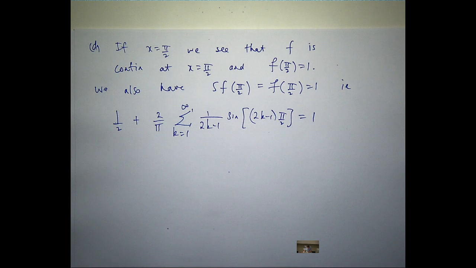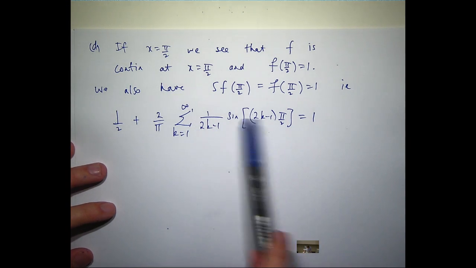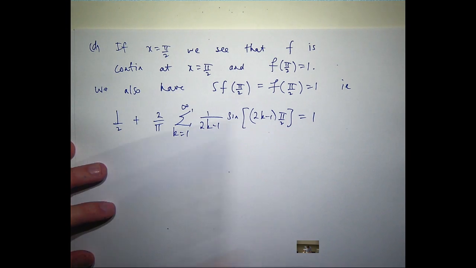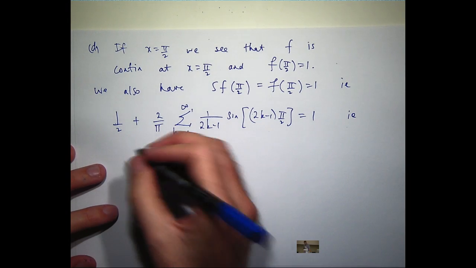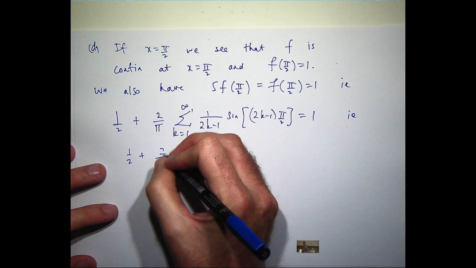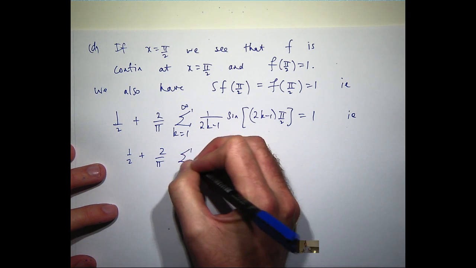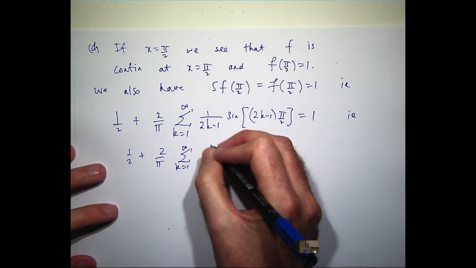Okay. So now I'm running out of time, so I'm just going to quickly finish this off. I can simplify sine of an odd multiple of pi on 2. It's actually going to be the following. And I'll get you to verify this or ask yourself why it's true.